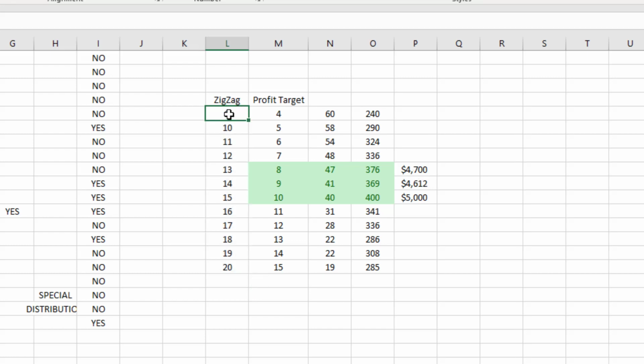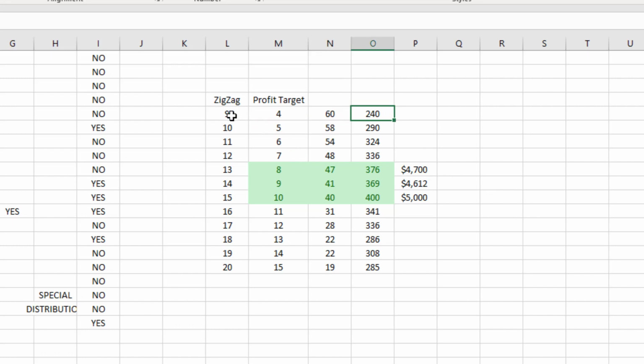What I forgot to do though is I forgot to take out the 5 ticks that are necessary to confirm the order flow. So when we have a 9 tick zigzag, that's going to give us a profit target of 4, and then that multiplied by the 60 wins would give us 240 ticks.